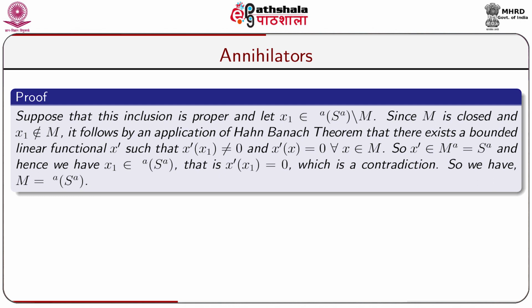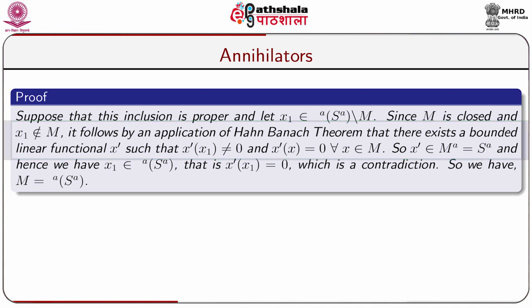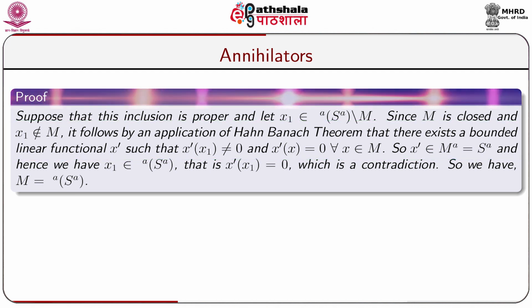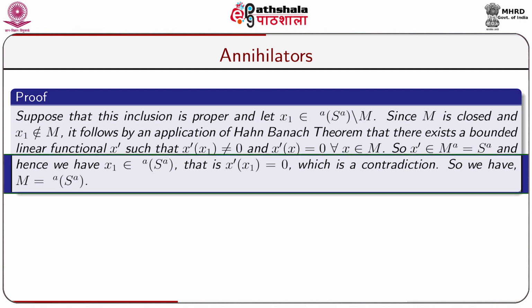Suppose that this inclusion is proper, and let x1 belong to the annihilator of SA minus M. Since M is closed and x1 does not belong to M, by an application of the Hahn-Banach theorem there exists a bounded linear functional x' such that x'(x1) is not equal to 0, and x'(x) equals 0 for all x belonging to M. So x' belongs to MA, which is equal to SA, and hence x1 belongs to the annihilator of SA, that is x'(x1) equals 0, which is a contradiction.